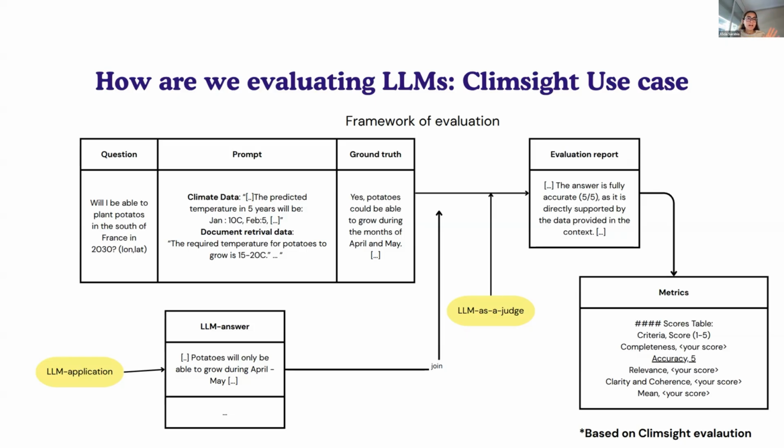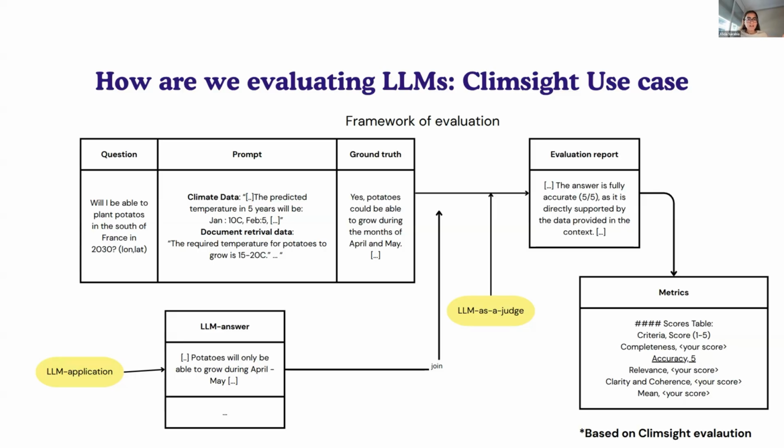In the prompt, I have all the information of the data available, the documents, the requirements of how to grow potatoes, the climate in the next years. So in the prompt, I have all the information that I used by retrieving with RAGs and climate models. And then the LLM uses the question and the prompt to generate the answer.